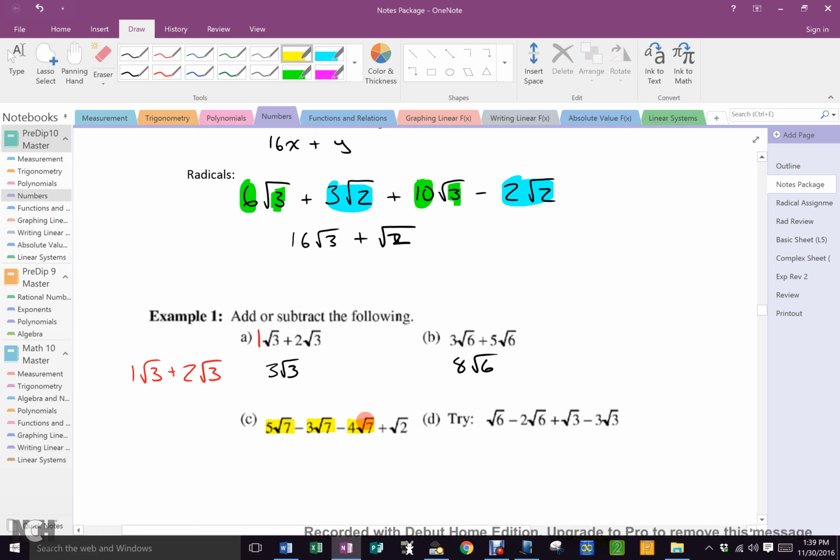And D, what do you get? Negative root 6, because we don't write a 1. Negative 2 root 3. Now, I heard somebody say plus negative 2 root 3. That's fine. It's the same thing, right? Adding a negative is the same as subtraction. Is everyone okay when they look the same?